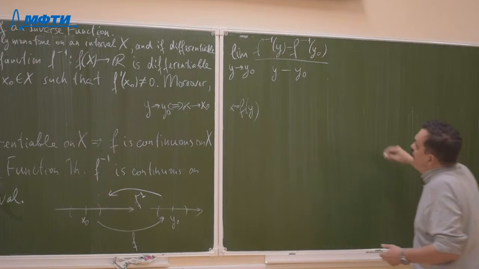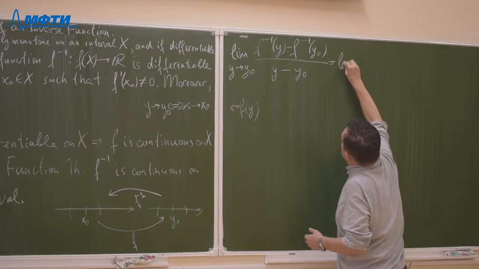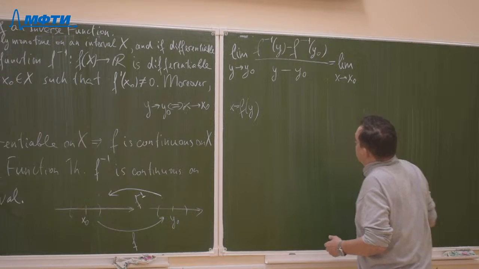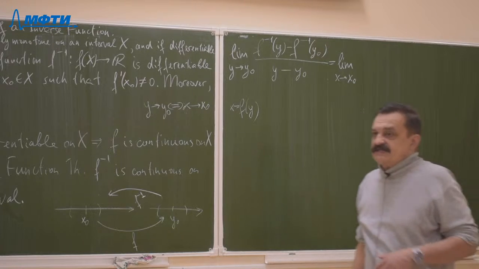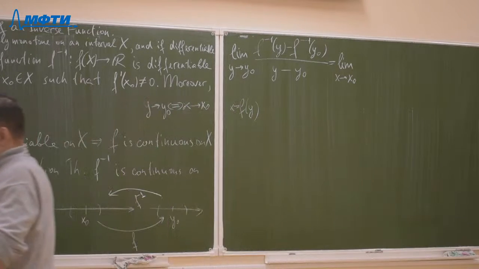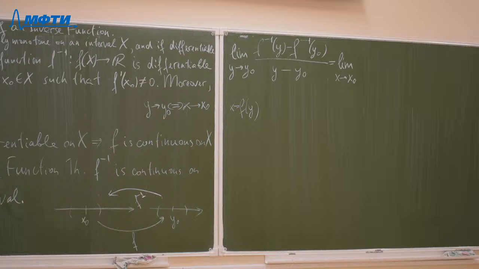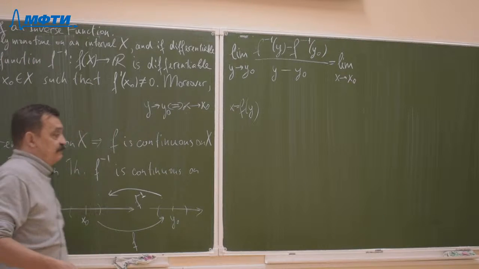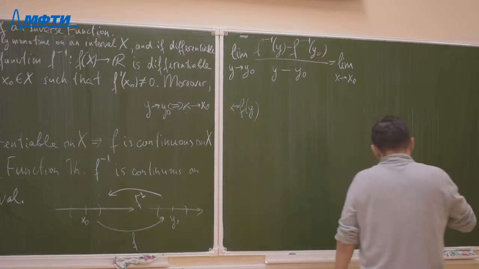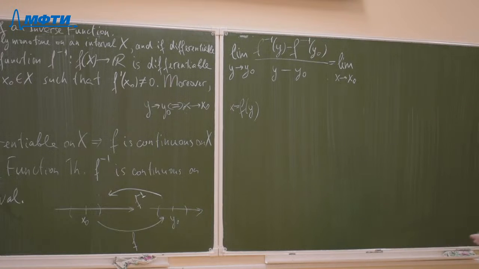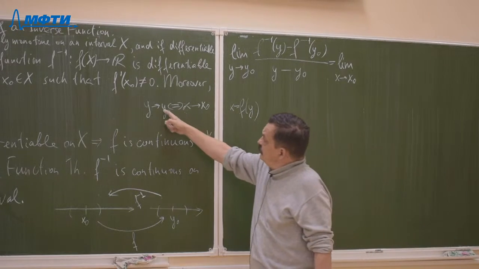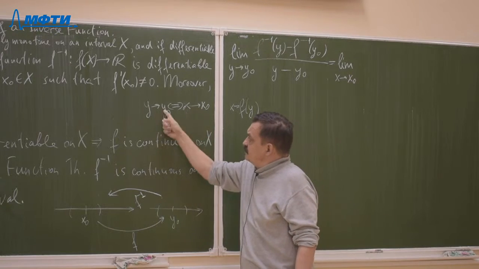So we can rewrite this limit as x tends to x0. The restriction to take limit of composition is fulfilled because of strict monotonicity. So we have one-to-one correspondence. It means f minus 1 of y is never equal to x0 once y is not equal to y0.